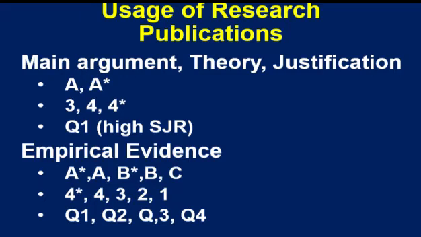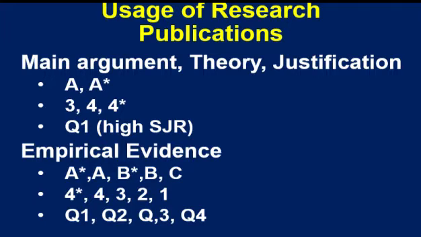My suggestion is, when you are building a main argument, talking about a theory, building hypotheses, or providing some justification for conducting the research, I strongly suggest you consult A or A-star journals in the ABDC ranking, 3, 4 and 4-star in the ABS ranking, and Q1 in the SJR ranking.